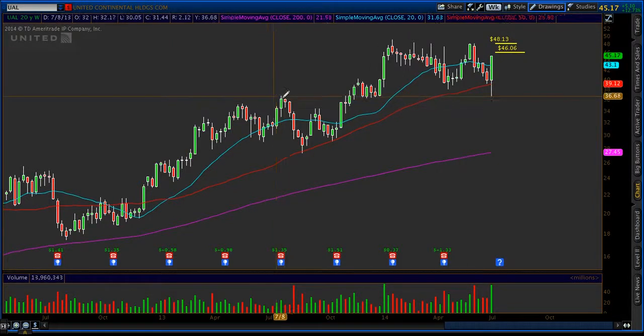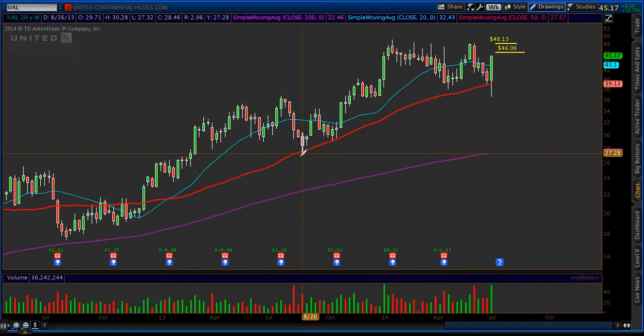This pivot high made on the week of July 22nd, 2013, before this pulled back right into this 50-day moving average, bouncing up. So again, the weekly chart, July 22nd, 2013, the high was 36.74.